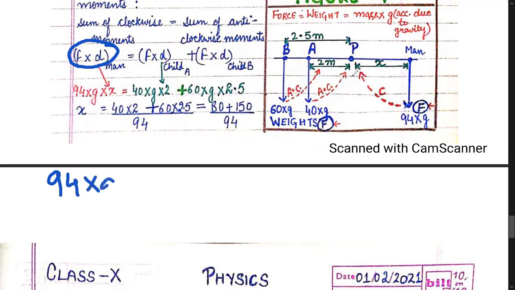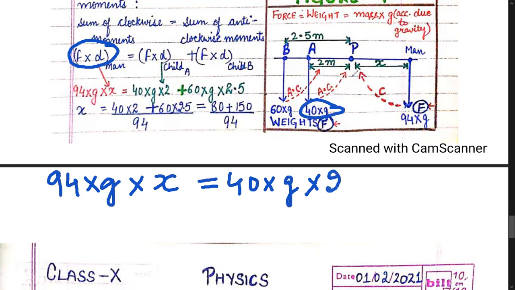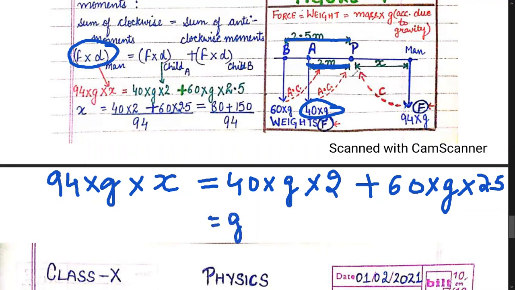So m into g is force, which is known as the weight of a body, multiplied by the distance which we have taken as x, should be equal to the force of the first child, let it be A, having a mass of 40, multiply by g, and distance is 2 meters from the pivoted point, plus 60 multiply by g, and what is the distance from the pivoted point? 2.5.